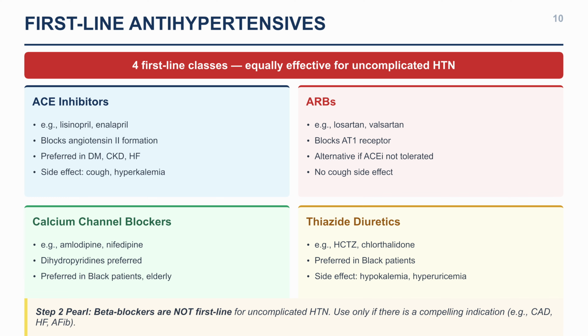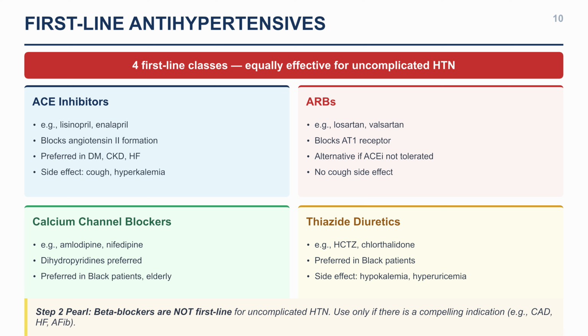They block the angiotensin II type 1 receptor, a good alternative when ACE inhibitors are not tolerated, because they do not cause cough. Third, calcium channel blockers, particularly the dihydropyridines like amlodipine and nifedipine, preferred in Black patients and elderly patients.